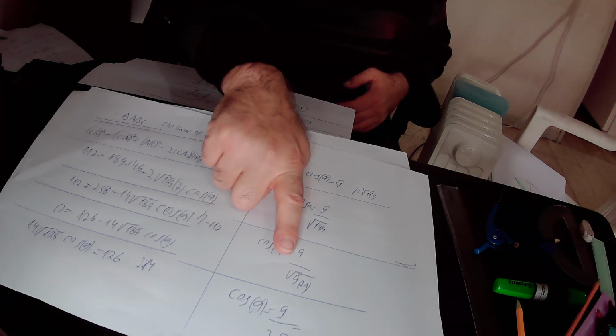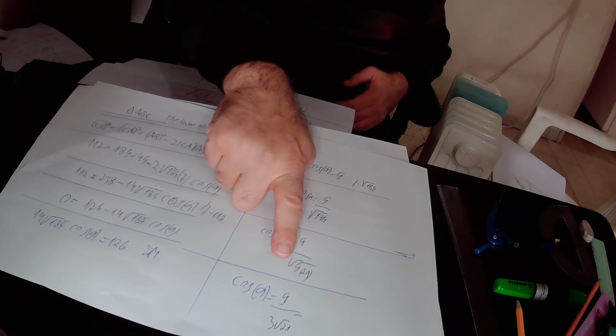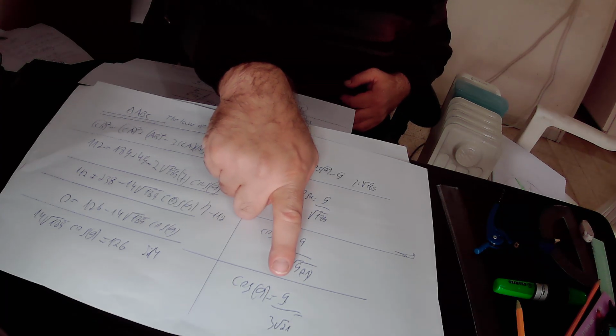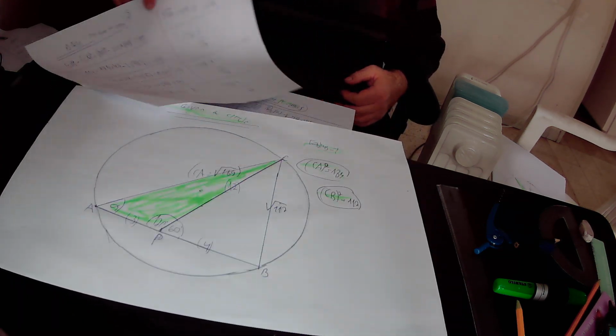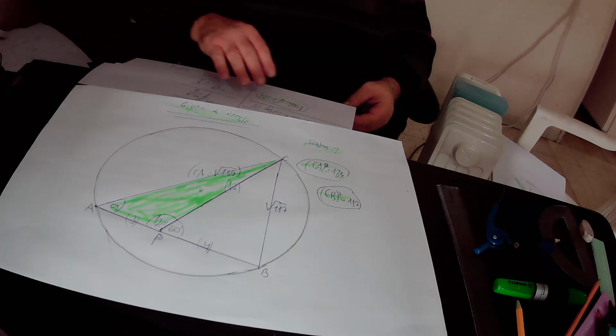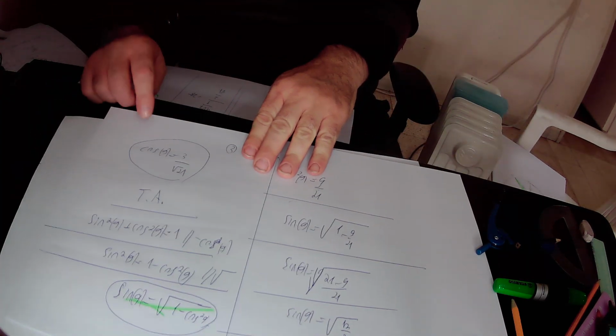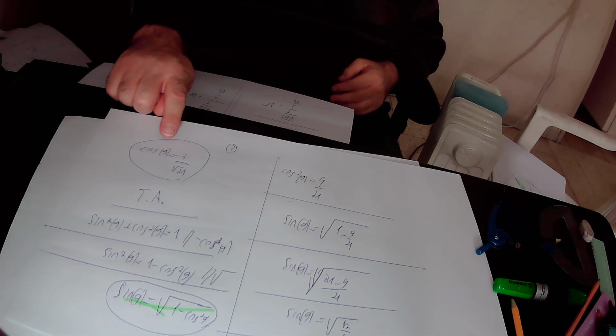We divided both the numerator and the denominator by 3. 9 over 3 is 3, so in total cosine alpha equals 3 over square root of 21.